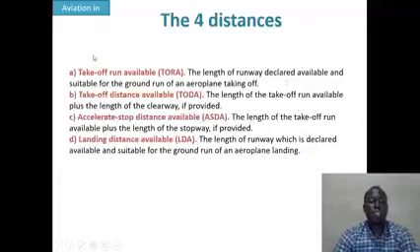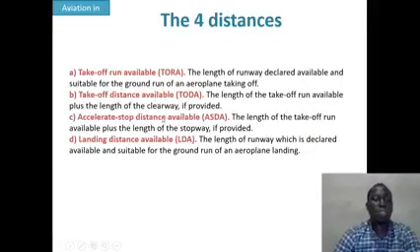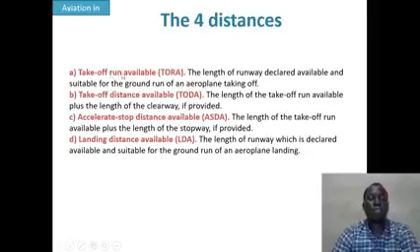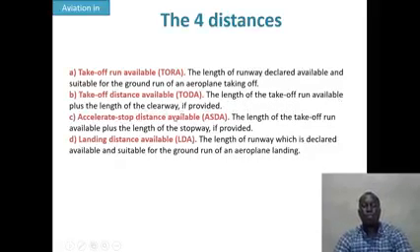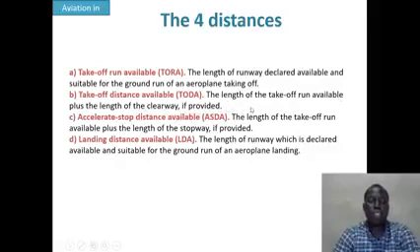The four distances are defined as follows. The takeoff run available is the length of runway declared available and suitable for the ground run of an airplane taking off. The TODA, the takeoff distance available, is the length of the takeoff run available plus the length of the clearway if provided, as I said earlier.